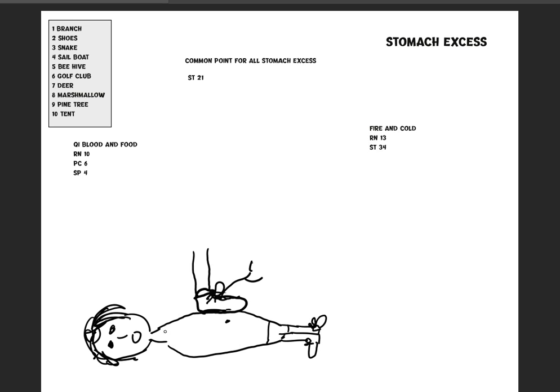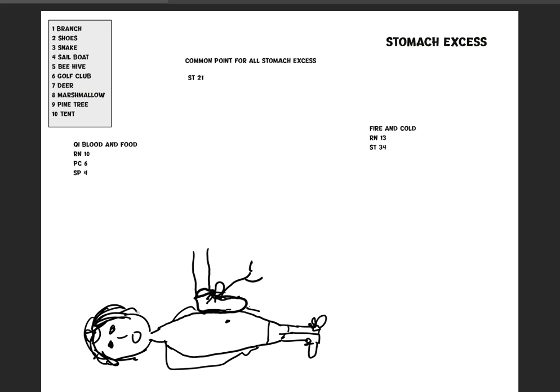He is uncomfortable with someone standing on his stomach. Okay, let's sort out that drawing there. So that's stomach 21: a shoe, 2, with a branch standing on the stomach.